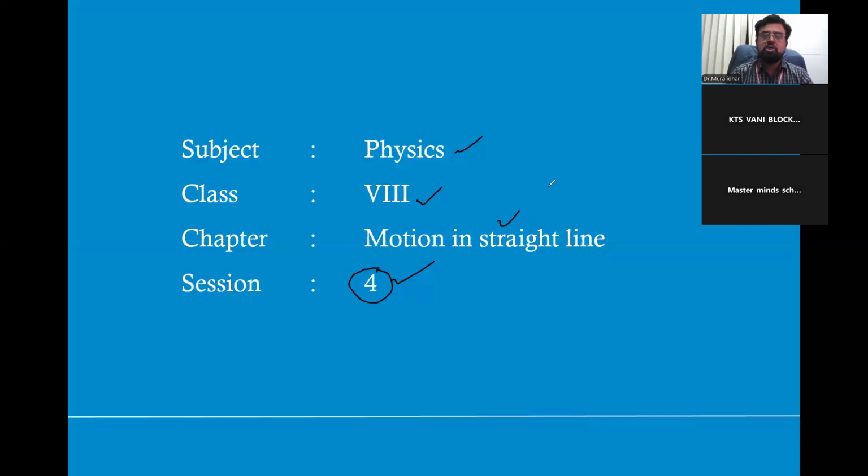Right? So, motion in straight line, last session today. Today we are going to close the chapter and we are going to start a new chapter in the next class. But before going for today's topics, let us recall what we learned earlier in the chapter.